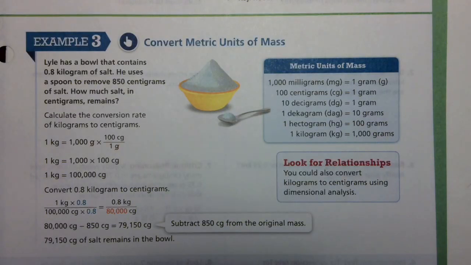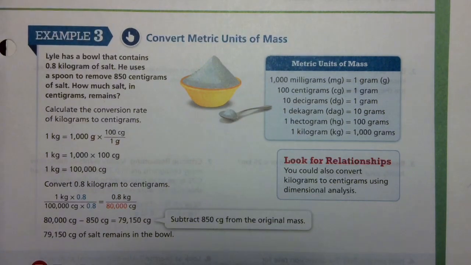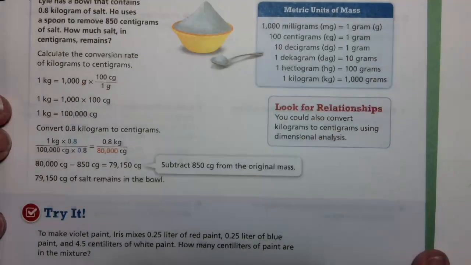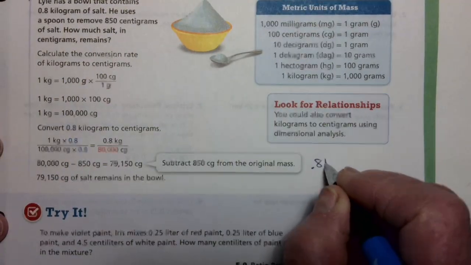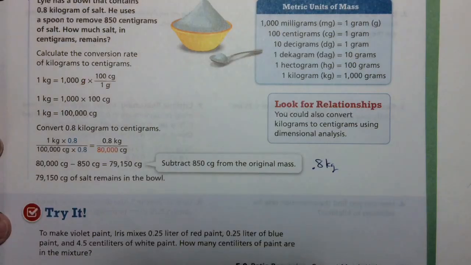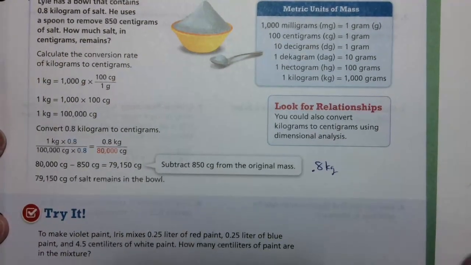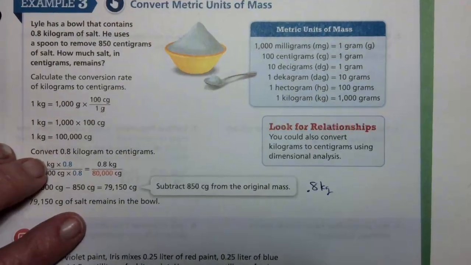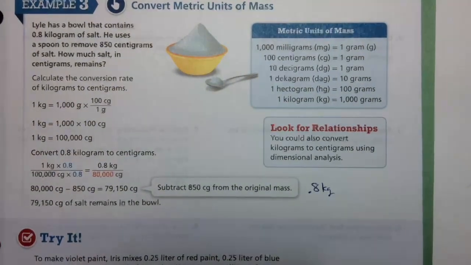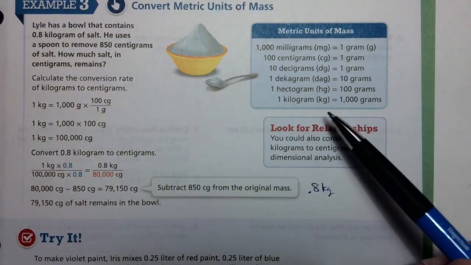All right, my apologies. I got interrupted. Okay, so I'm going to leave that right there for you or your teachers to look at, and I'm going to come right down here and do it my way. I'm going to start with the 0.8 kilograms that I have. If you look at your metric units of mass right here, here's kilograms.